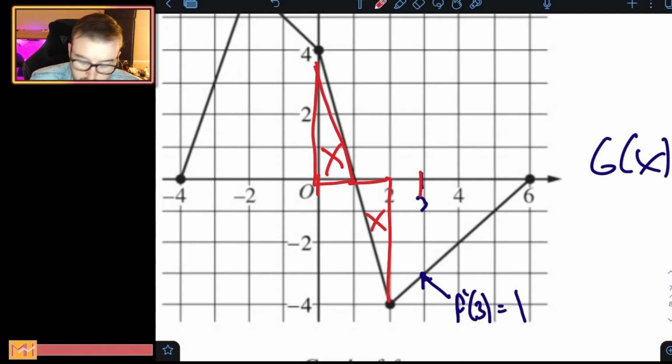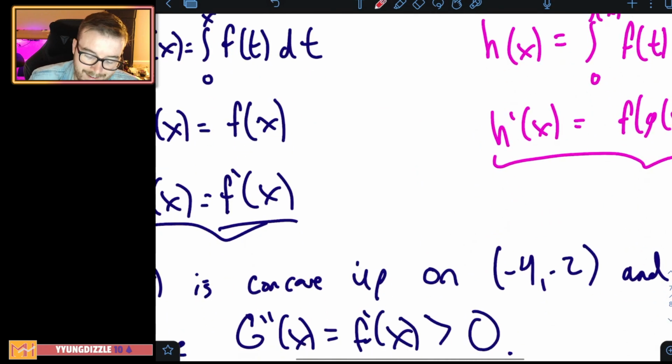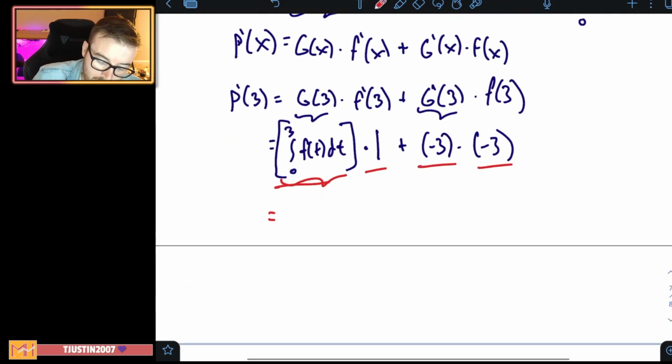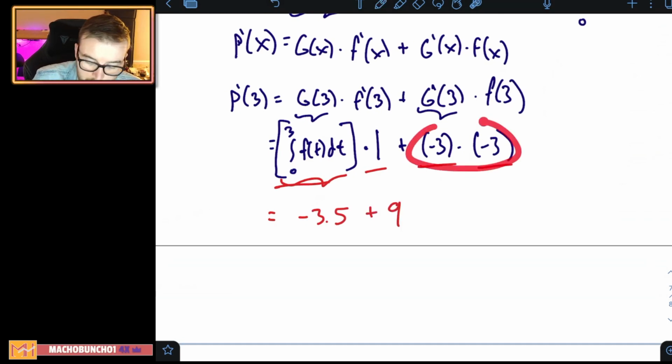So those are just going to cancel each other out. And this area is 1, 2, 3 and a half. So negative 3 and a half, because it's below the x-axis. So negative 3 and a half plus 9, if you want to go ahead and multiply that together.